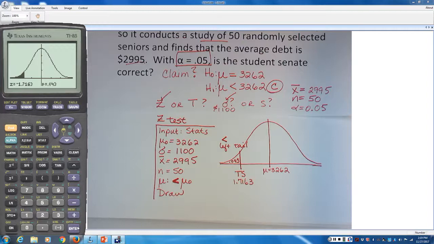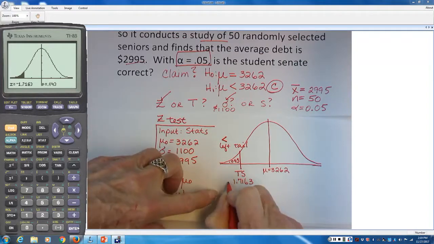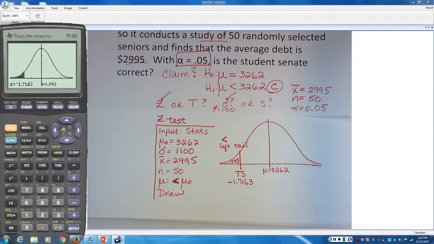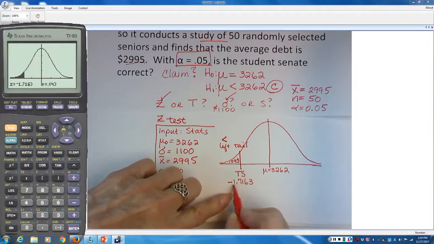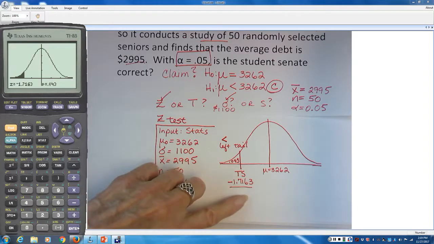Okay, yes, thank you, Zach, that is negative, because it's to the left of the mean. Now, the method we are going to use says we're not really worried about this. If they ask you what it is, that's what it is. That's the test statistic.